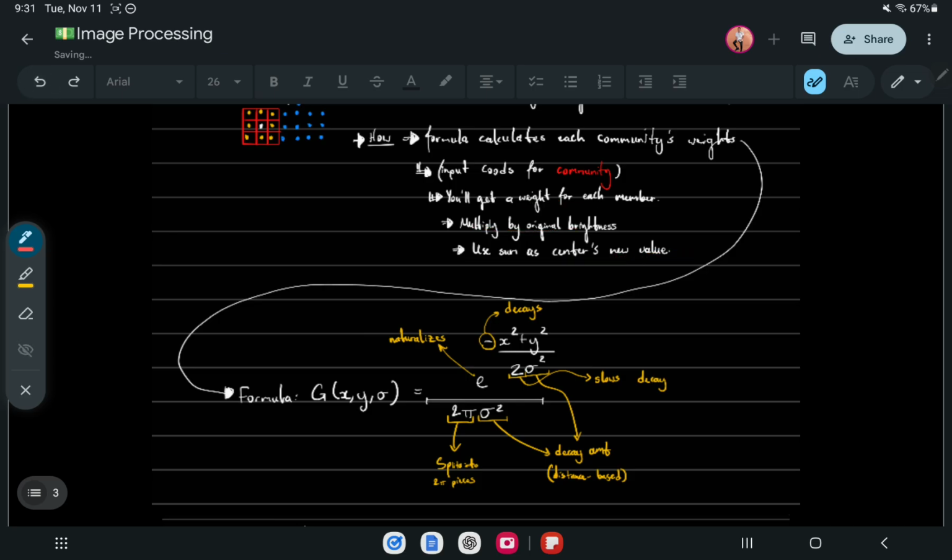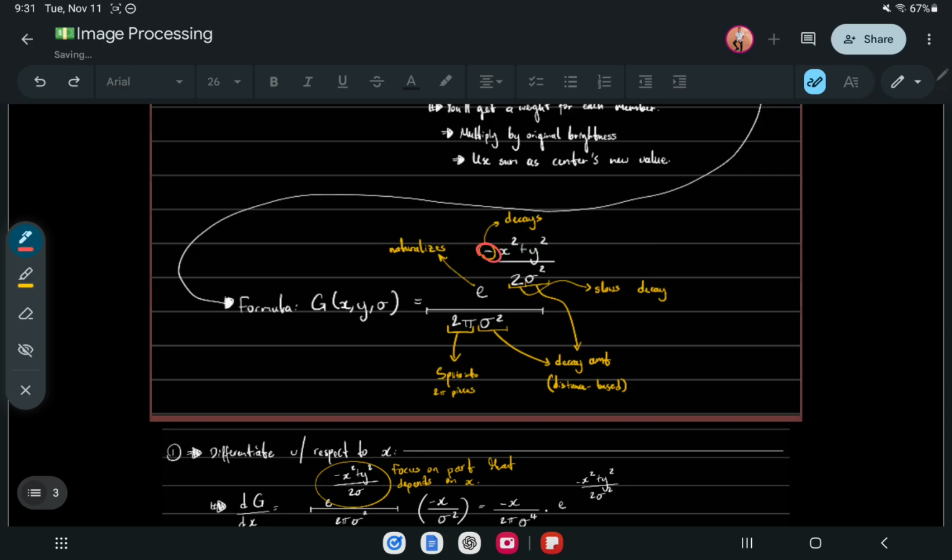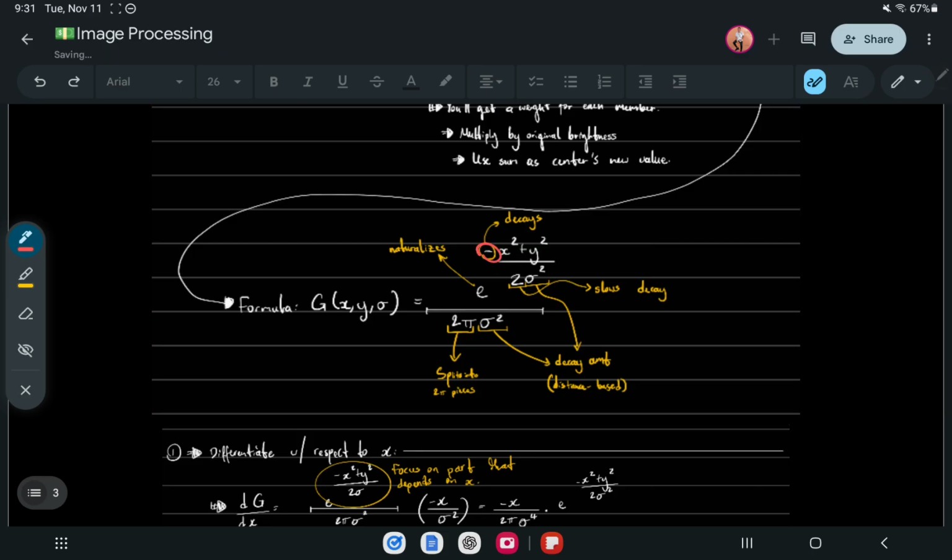To break down our formula, this minus sign is what causes decay. If it was positive, it would cause growth, but this causes it to decay. Actually, let's reverse engineer it. This formula gives you the weight of your neighboring pixels.